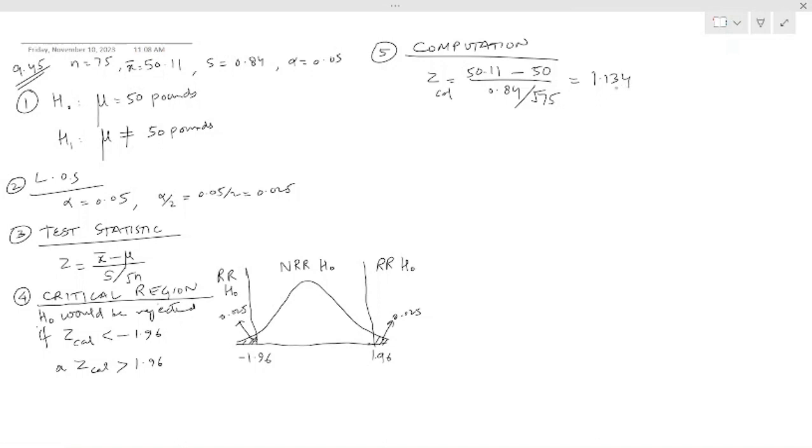Again, if we compare this value with the one we have stated in the sketch, it is falling again in the non-rejection region.